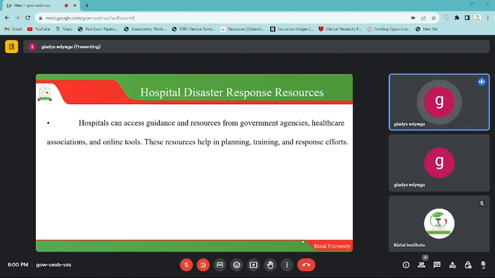So how are we going to recover from that disaster? That is the brief cycle of disaster management. Disaster is supposed to be handled in three ways: preparedness, response, and then recovery.